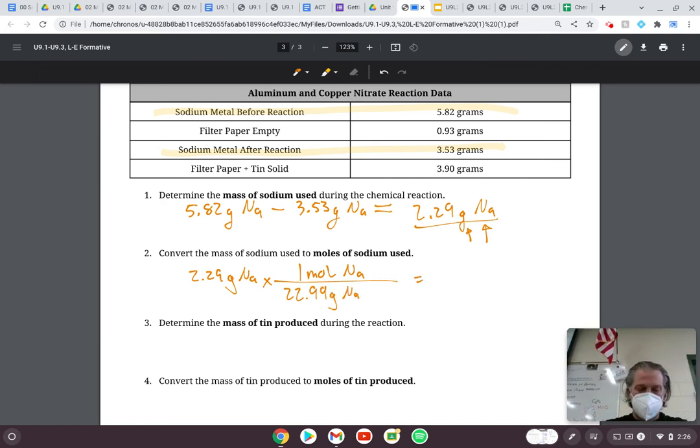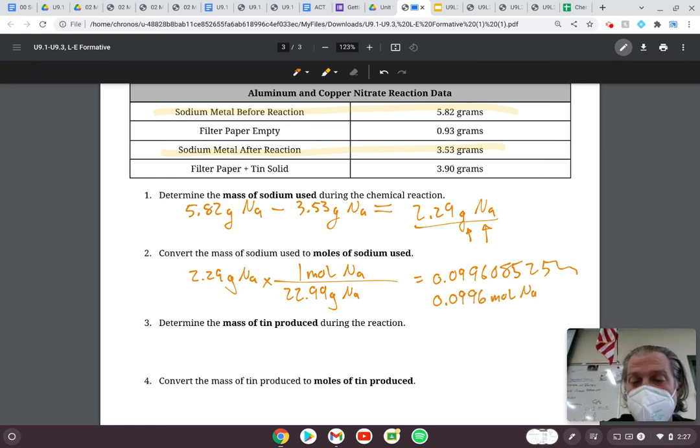So I'm going to take the 2.29 divided by the 22.99, and I'm going to get something like 0.0996085. But we need to have 3 sig figs here. So our final answer is 0.0996 moles of Na. And again, unit, label. Got to have it for full credit.